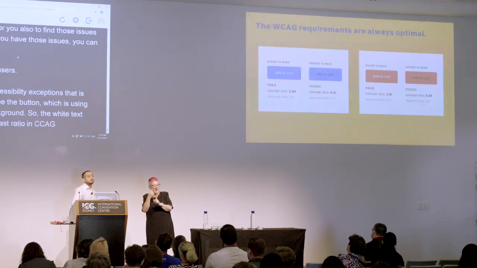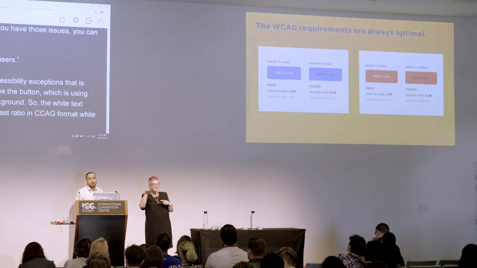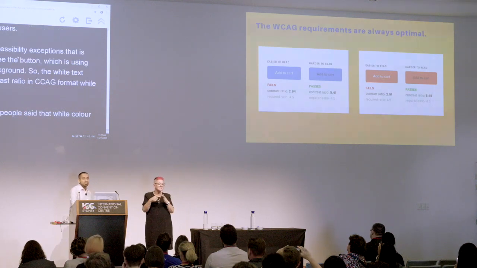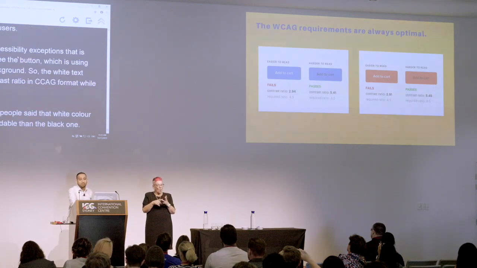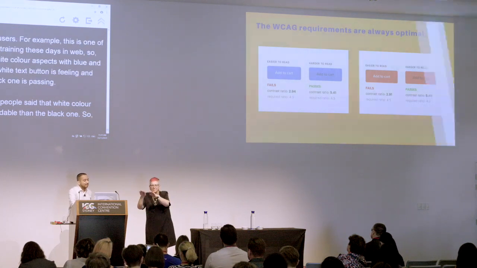But on the basis of a survey of actual users, people said that the white text button is more readable and understandable than the black one. So you can't get these kinds of exceptions from any tool. You have to go to the actual users only.